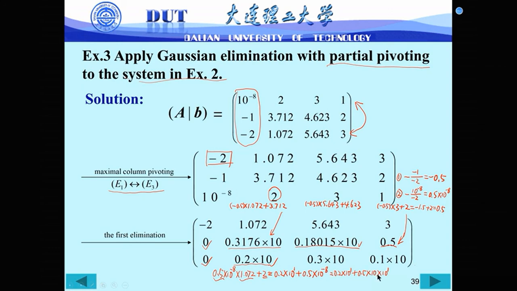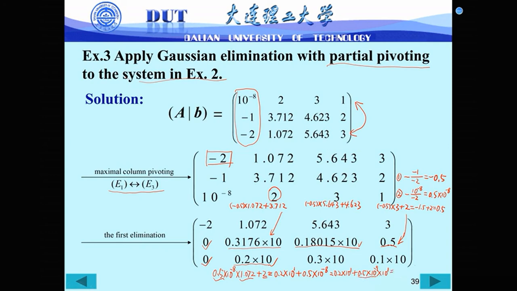So that means here we need to multiply by 10 to minus 9. Minus 9 plus 1 is minus 8. Clear? So we need to write this number in normalized form.